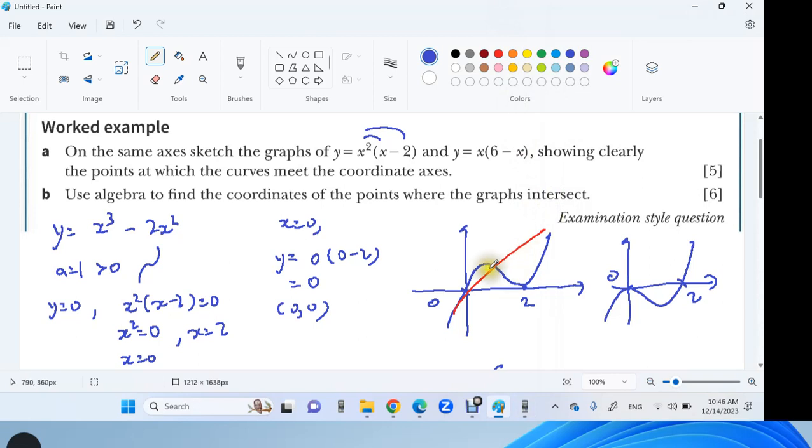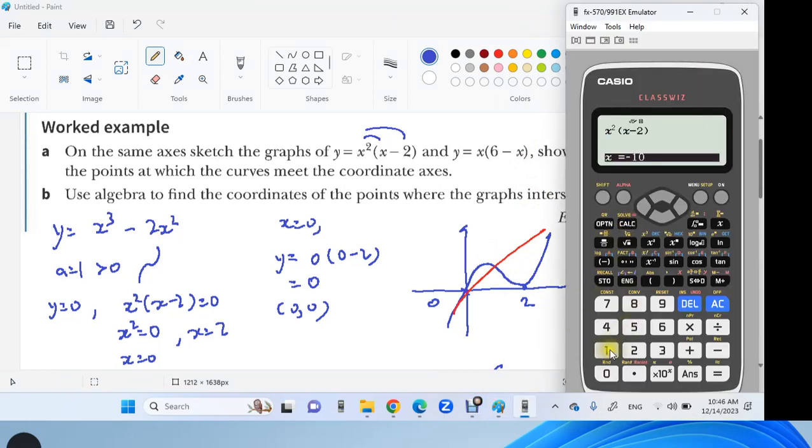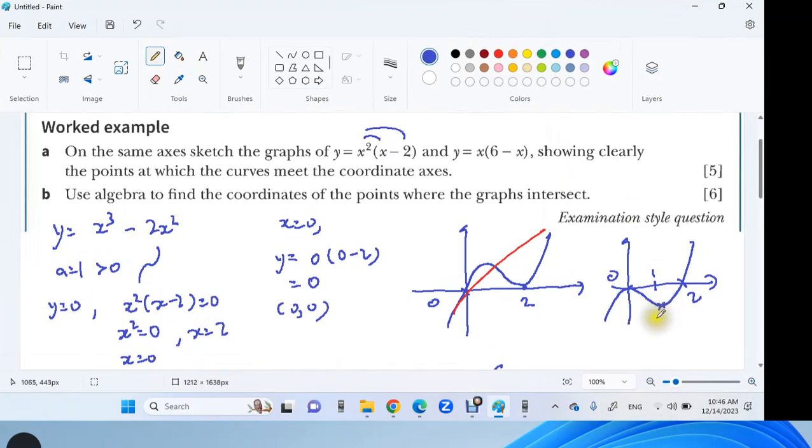Just now, I'm not sure if it is below here or above here. So we have 1 here. You just calculate with 1, and you can see it's negative 1. So it is (1, negative 1) here. It's better you do it this way.